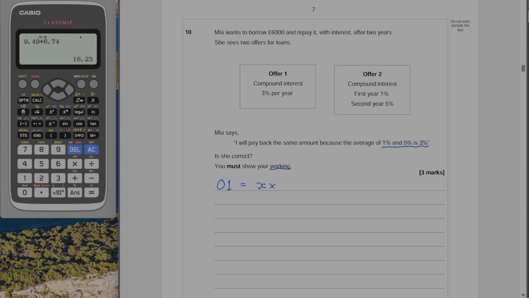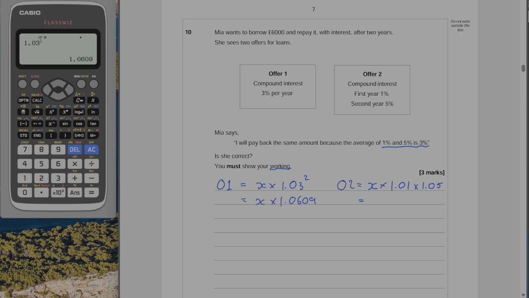So X times the interest would be 1.03 squared. And for offer 2, again, the initial amount doesn't really affect this question. So for the first year, 1% would be 1.01. For the second year would be 1.05. So that means my total multiplier for offer 1 would be 1.03 squared, which is 1.0609.